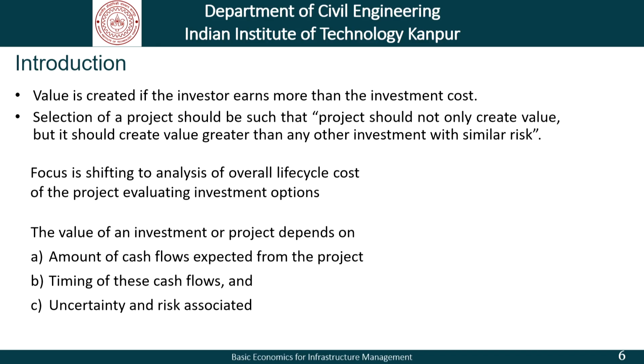Remember that we are talking of cash flows. Cash flows have two basic components. One is revenue, that is, something is earned by somebody, some cash flow happens that is positive, and then there are expenses, and that is a negative cash flow, somebody spends some money.